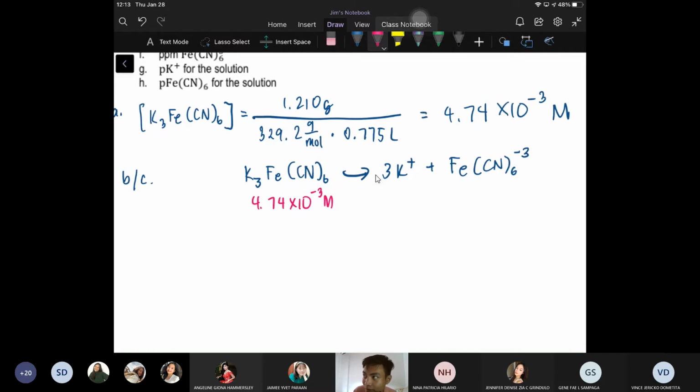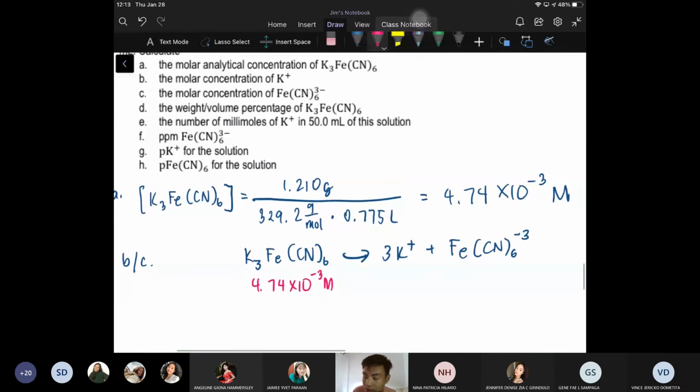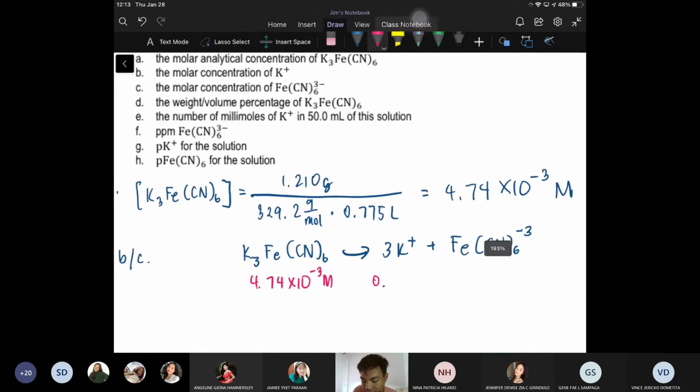So, ito. To get the molar concentration of K+, sabi dun sa letter B, times 3 ko lang yan. So, that will be 4.74 times 10 times 3. So that is, kung ano na lang nakasulat dito sa calcu ko, yun na yung susulat ko dito.